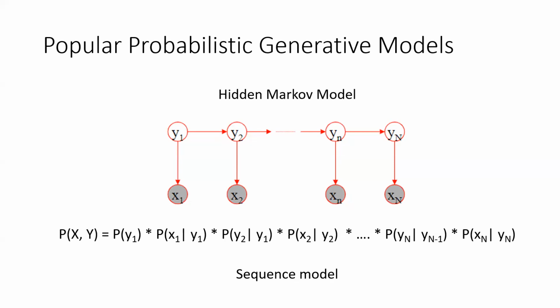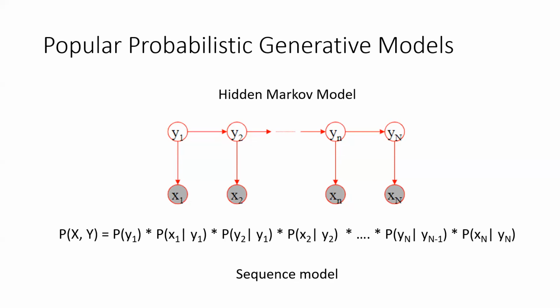Okay, and the model says that each x is produced by a y, and y is a latent variable that defines something discrete.